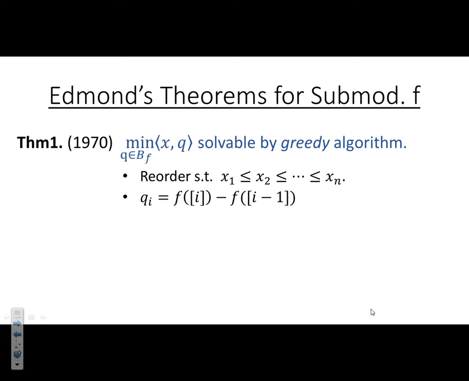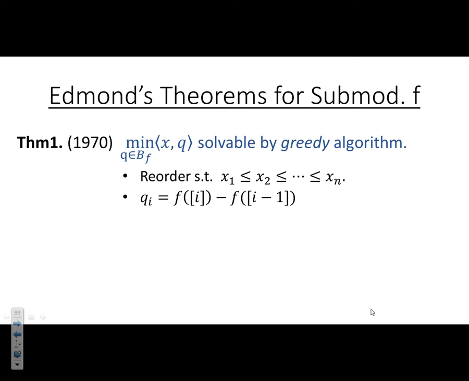Given a cost vector x, you order the elements in increasing order, and then you increase q_i as much as you can. It's a simple sorting algorithm. Throughout the talk, let's assume there's an oracle which gives me the submodular function value in unit time; otherwise there's just this evaluation oracle time that comes in.